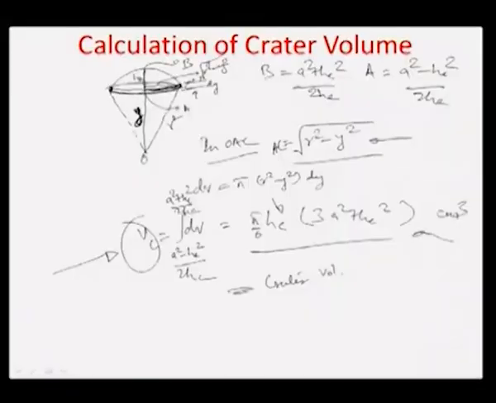And this volume can be effectively used for predicting the amount of heat lost because of melting of the material in terms of latent heat of melting. And the net heat which is available now is the total heat H total minus Hm times rho, the density of the material, times this crater volume, okay.